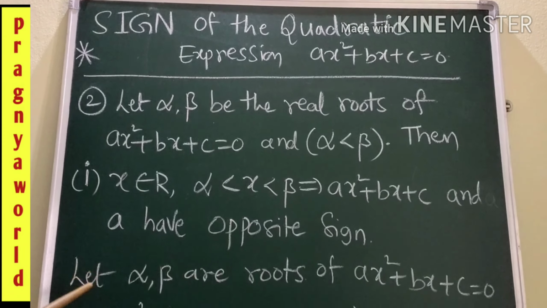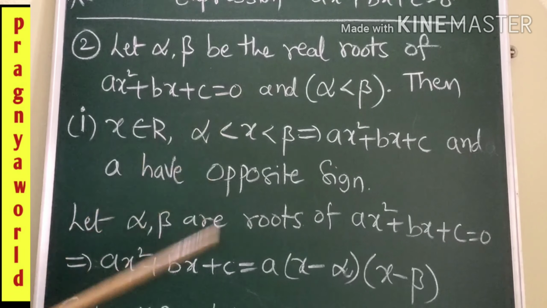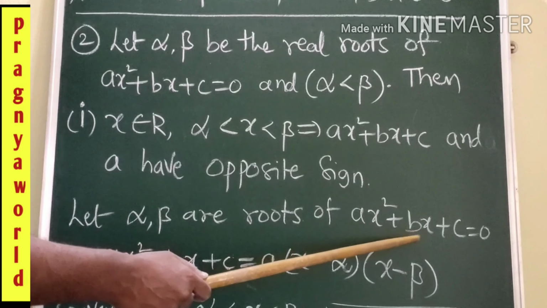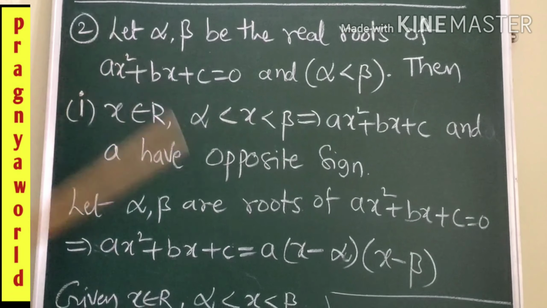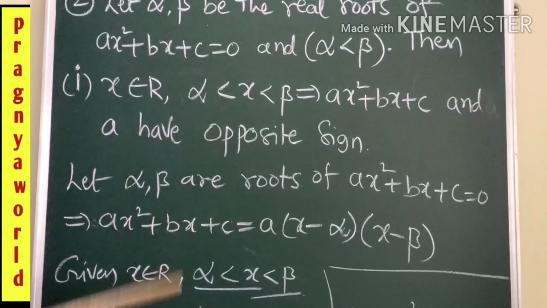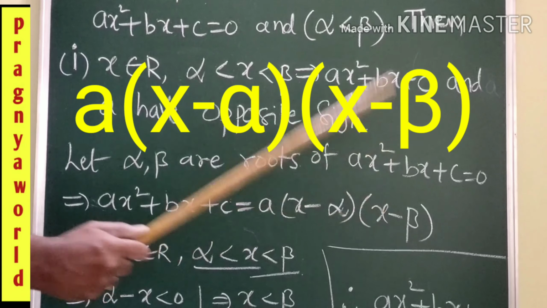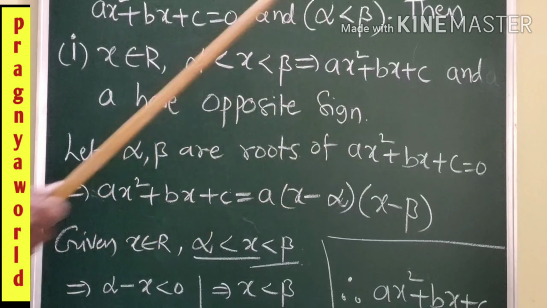So here, what is given? Alpha, beta are roots of the quadratic equation ax square plus bx plus c is equal to 0. Here ax square plus bx plus c can be written as a into (x minus alpha) into (x minus beta), already we know.